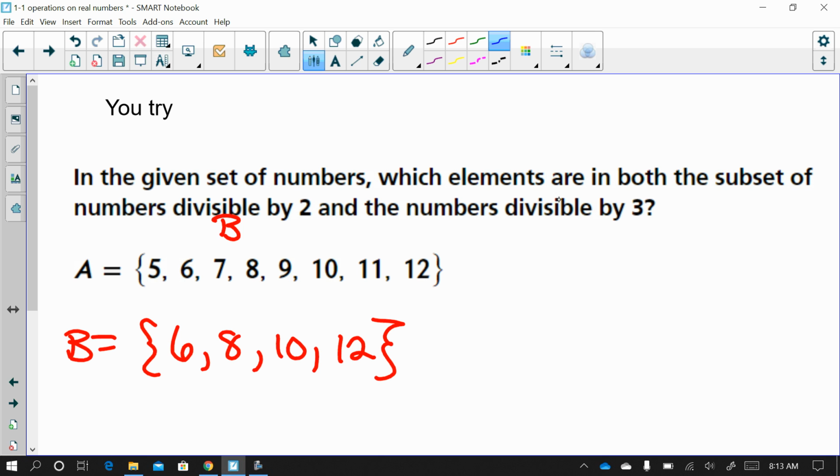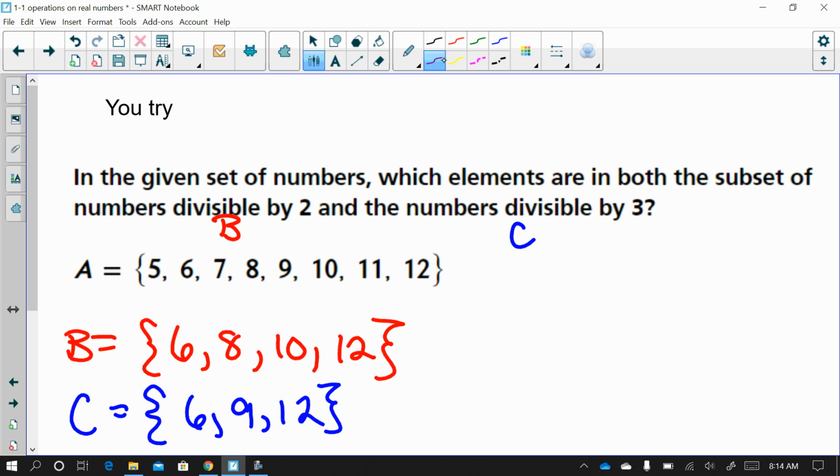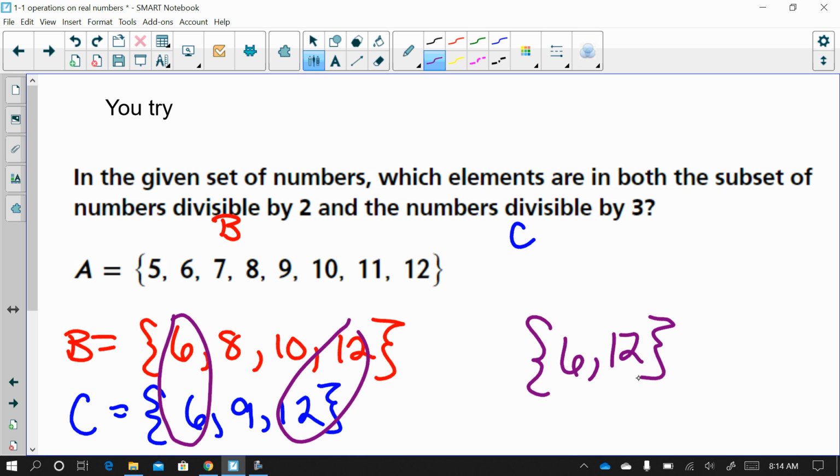And let's call the numbers divisible by 3 C. Multiples of 3 would be 6, 9, and 12. The problem asks which ones are in both. So I've got 6 and 12 in both. My answer, in curly braces, is just 6 and 12.